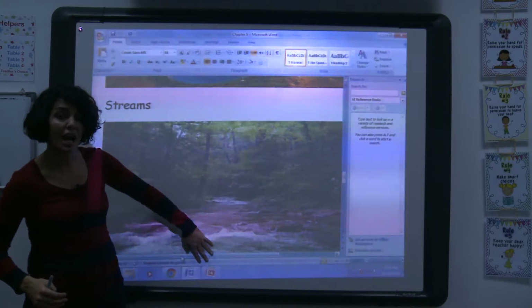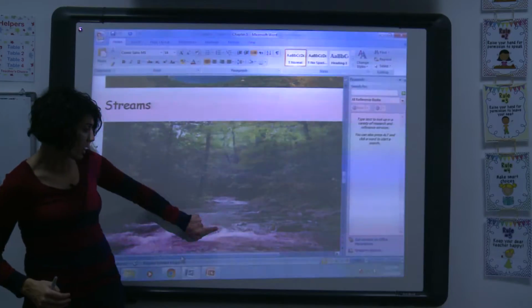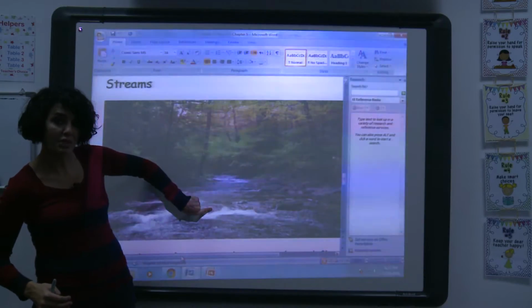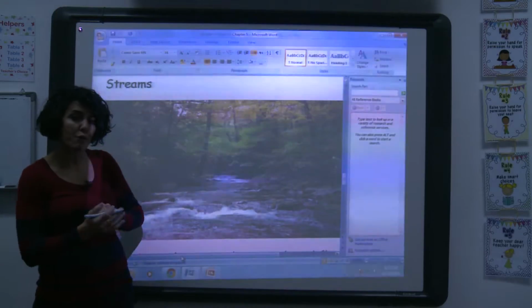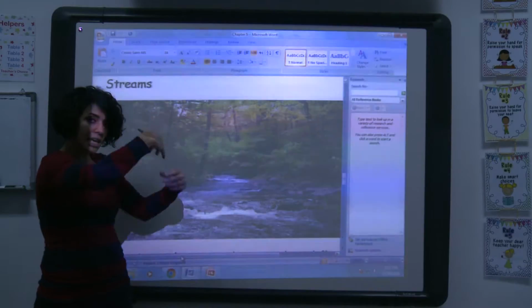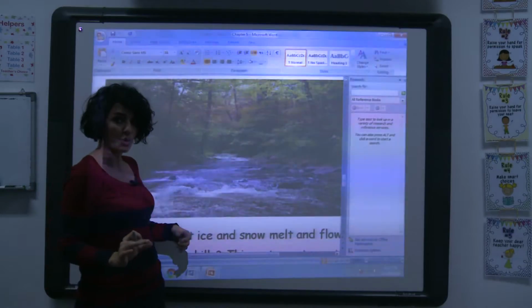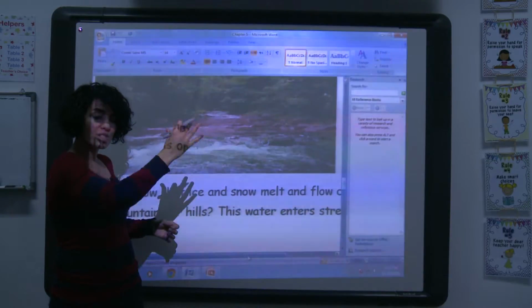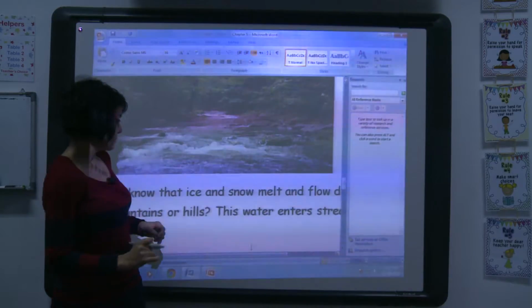Streams are fresh water. They flow, as you can see. The streams are formed when snow melts from the mountain. They flow down as streams. So when snow melts from the mountains, they flow down as streams.